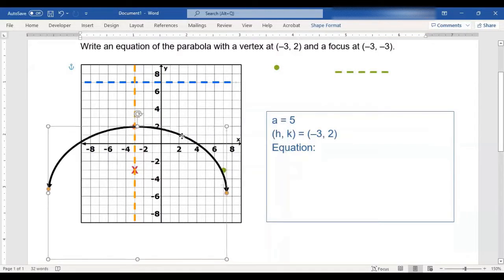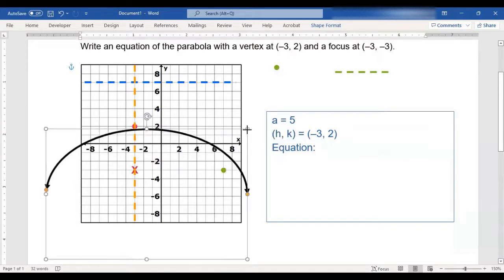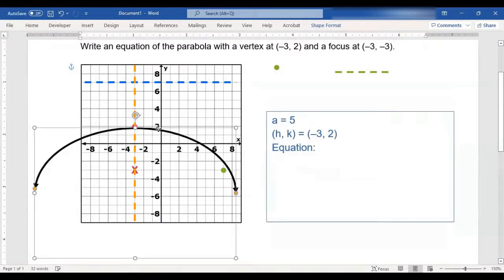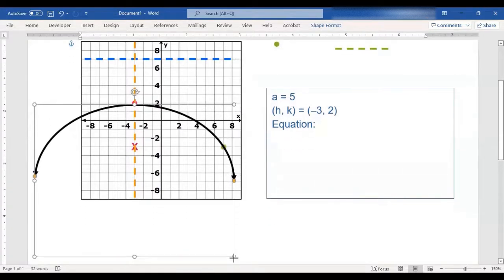Is that too big? Oh no, it's almost perfect. There we go. So here's our parabola. Now, the graph that I'm using is a piece of an ellipse here.